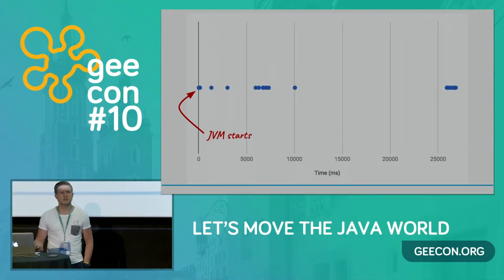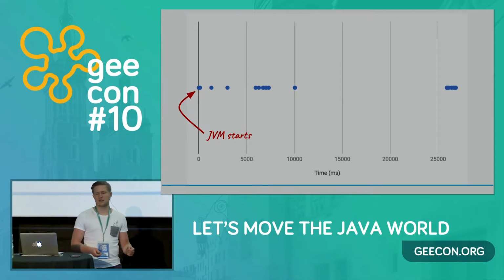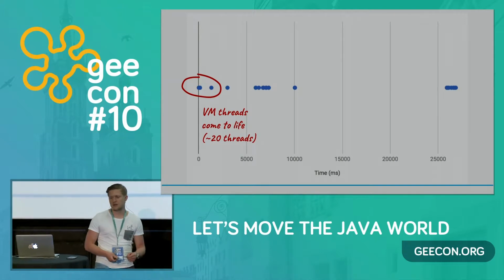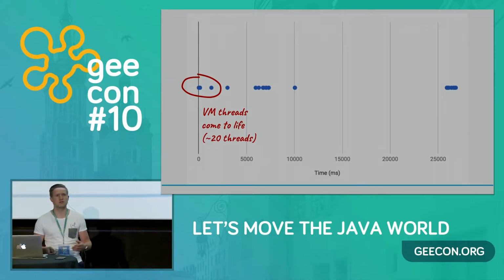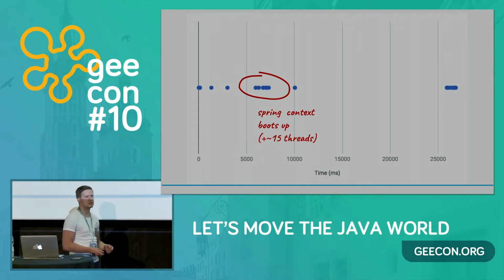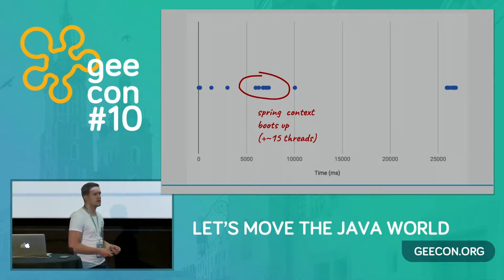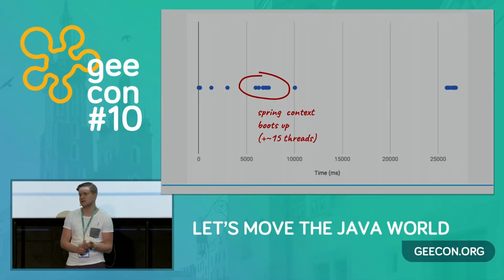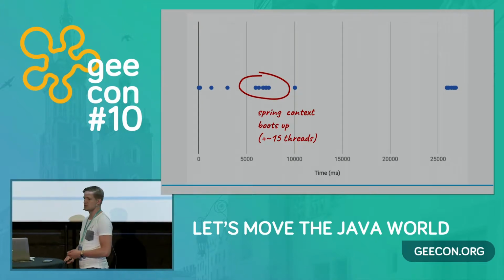So first, the Big Bang, JVM starts. And the first threads that are born are actually certain VM threads. They come to life. It's around 20 of them. Then Spring starts booting up. And while it boots up, it brings up the HTTP server, which creates its own threads. It also brings up the Mongo driver, which creates another set of threads. So those are here.